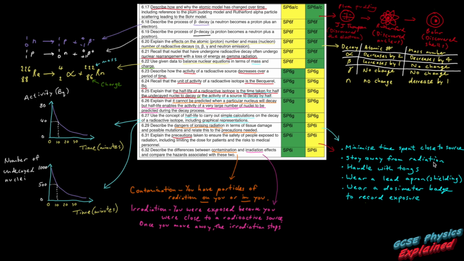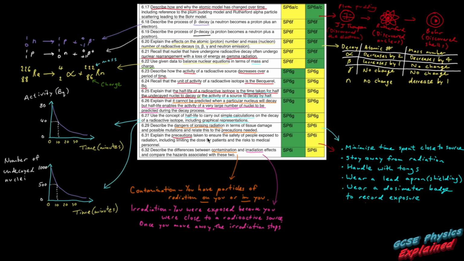Stay away from it as much as you can. Handle it with tongs. Wear a lead apron or shielding behind some lead glass or something like that. Wear a dosimeter badge to record your exposure.